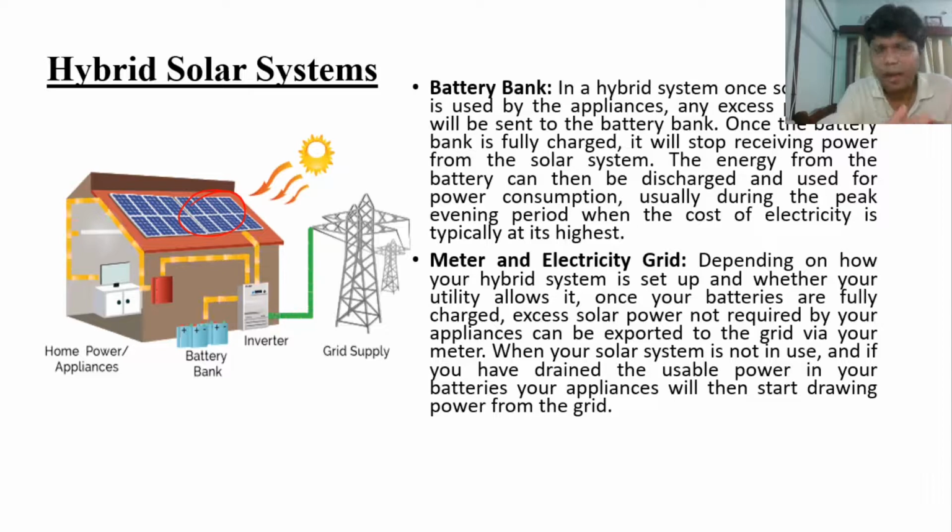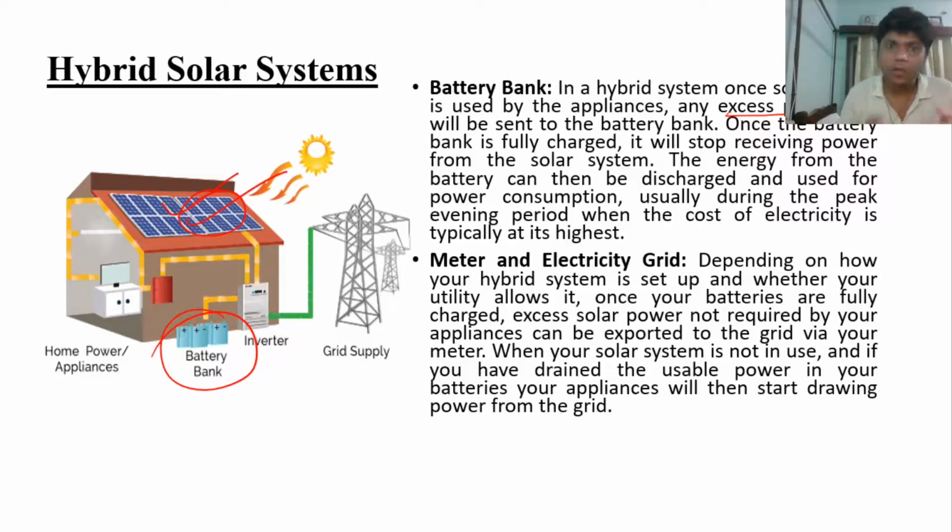In a hybrid system, once solar power is used by the appliances, any excess power left will be sent to the battery bank. Once the battery bank is fully charged, it will stop receiving power from the solar system.